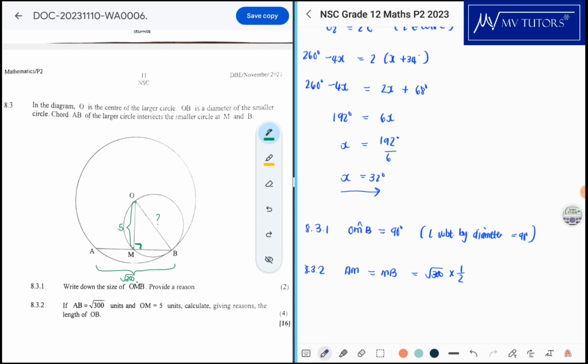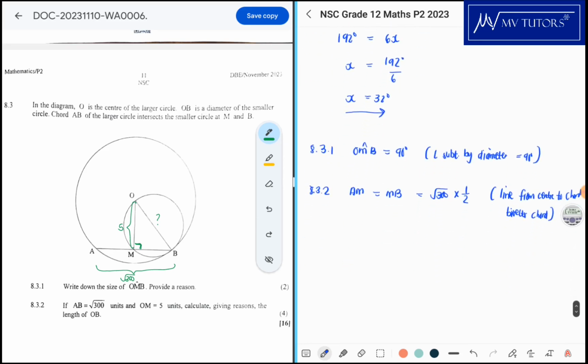Okay, and what reason would you put there? Line from center to chord. You can continue and say the line from the center to a chord actually bisects the chord. Okay, so we now know that AM is equal to MB, which is half of root 300.